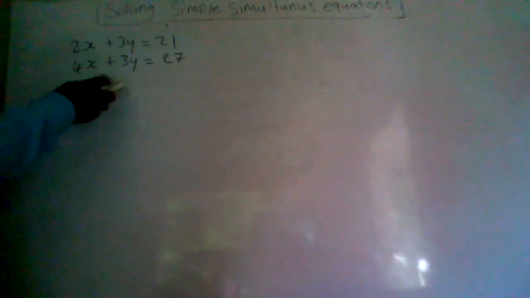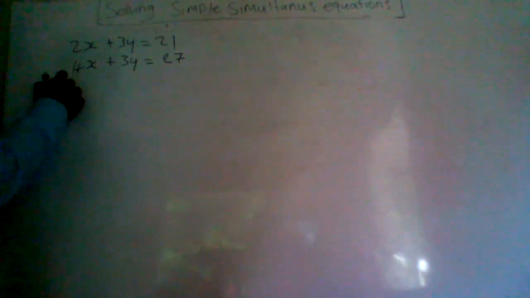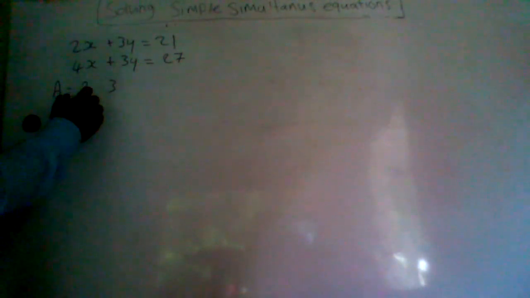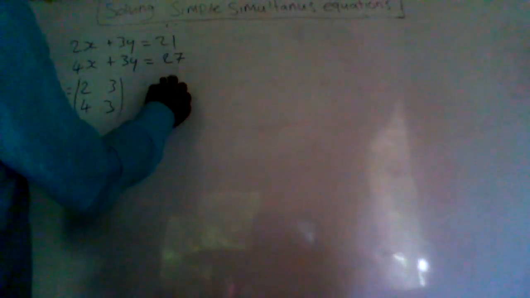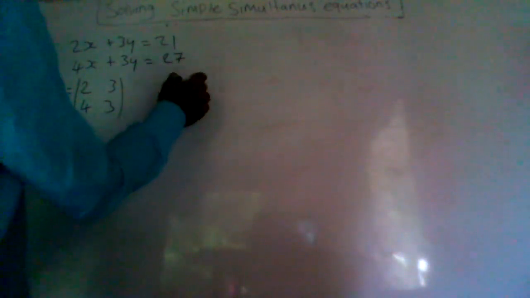What we'll do now, we'll use the coefficients of the variables in a 2 by 2 matrix, and we will call it A. A equal 2, 3, 4, and 3. We'll multiply it by the solution matrix and we'll call it B. So B equal 21 and 27.